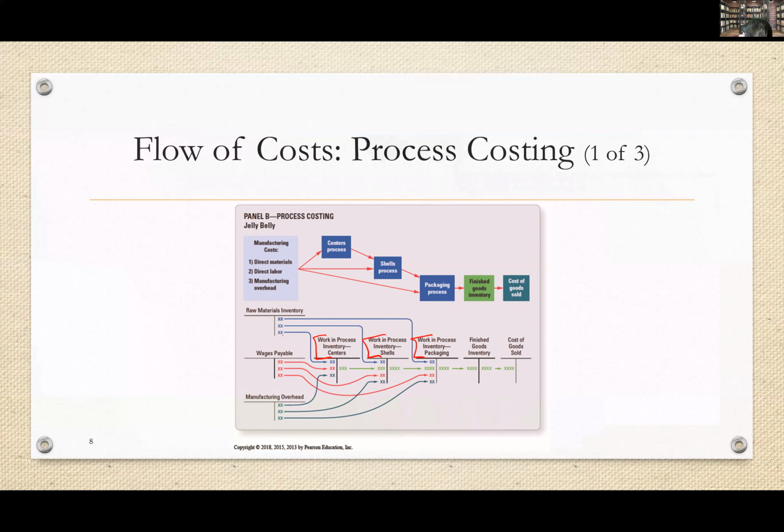And each one of those is getting raw materials inventory, right? To each one of those work in process. Each one of those also incurs labor, right? And each one of those is allocated a portion of the manufacturing overhead. Okay. Then when it's done, it's going to move to our finished goods inventory. And then when it's sold, the cost of goods sold.